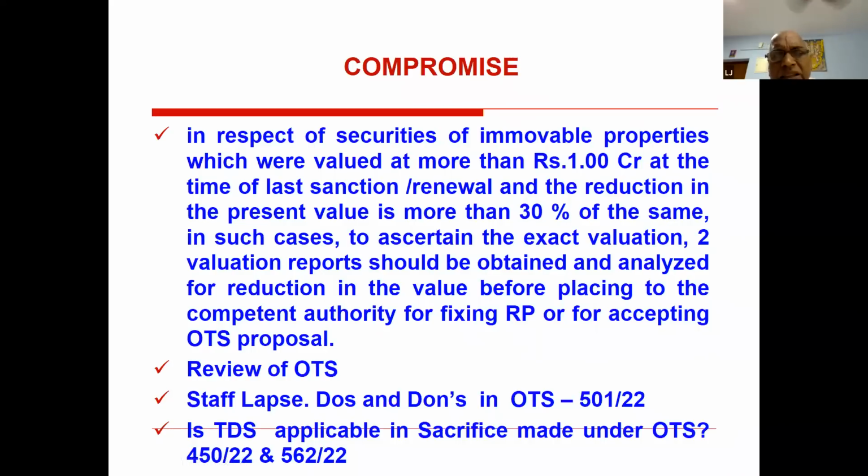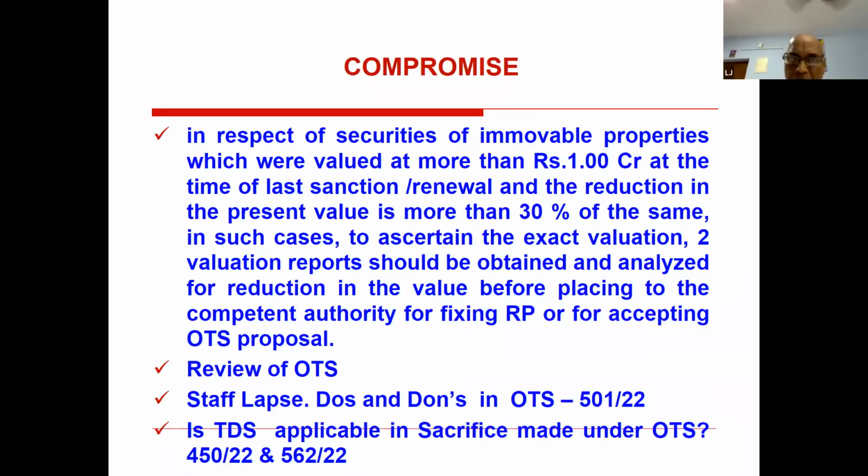In the last sanction or renewal, let us assume the value of the property was 2 crores. Now, when you take the valuation for the compromise, the value is less than 30% of the original 2 crores. In such cases also, two valuations are to be taken and analyzed for the reduction in value of more than 30%.